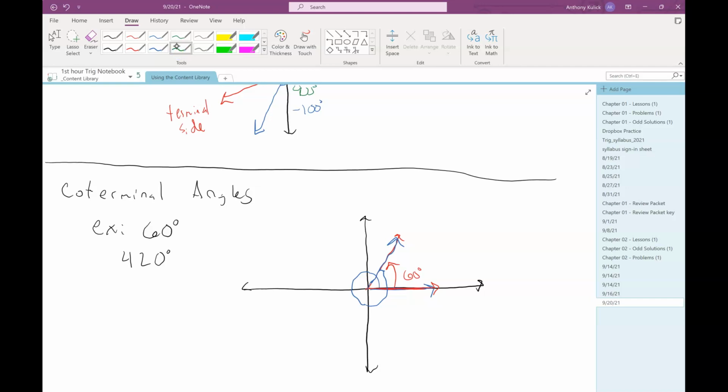So a situation like this where the terminal side of both angles is in the same location is what we're going to call coterminal. And it turns out for our purposes in trigonometry that if we take like sine, cosine, tangent, etc. of these angles, they're going to give us the same value.